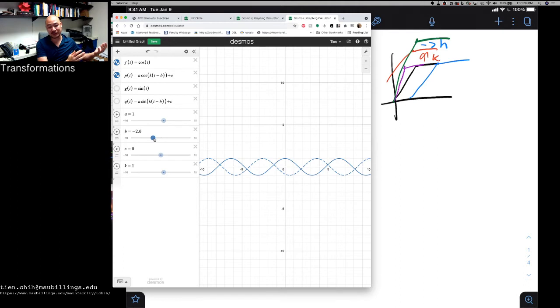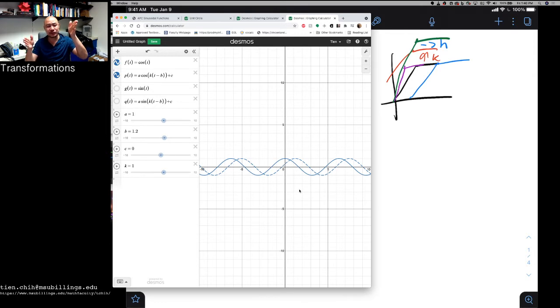As I move B to the left, it pushes everything forward, right? But what we'll notice here, as I do this, if I push everything forward by 1 point or back by 1.2, say, the output certainly changed, but my highs are still at 1, my lows are still at -1, right?